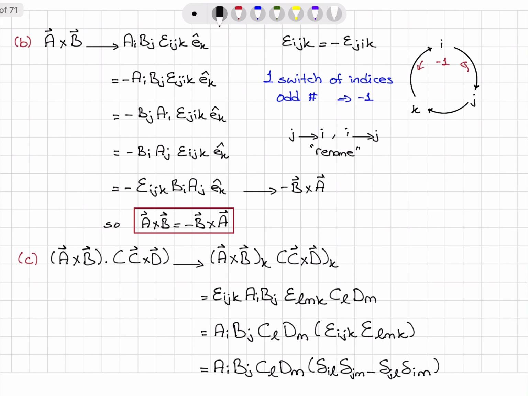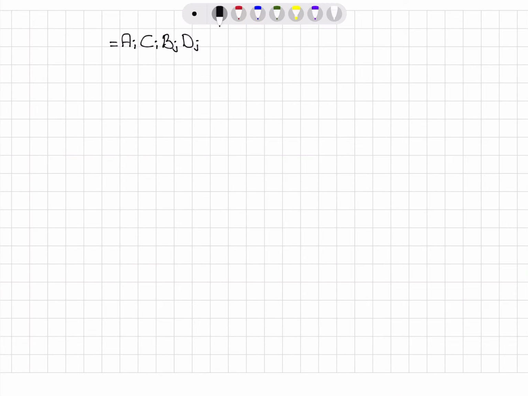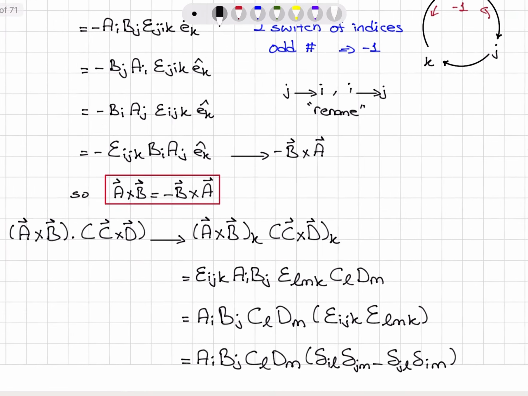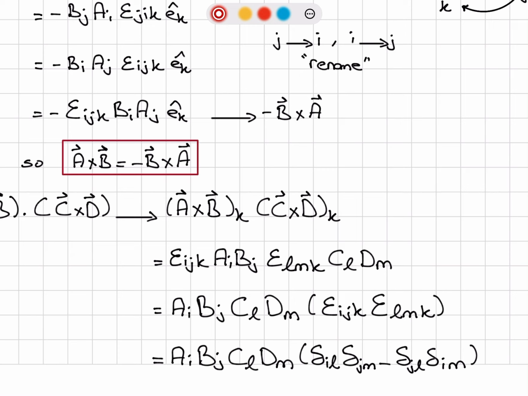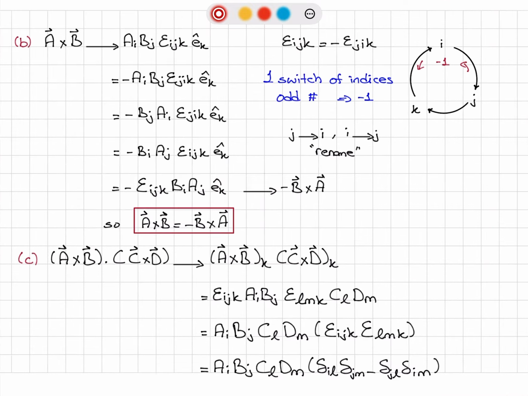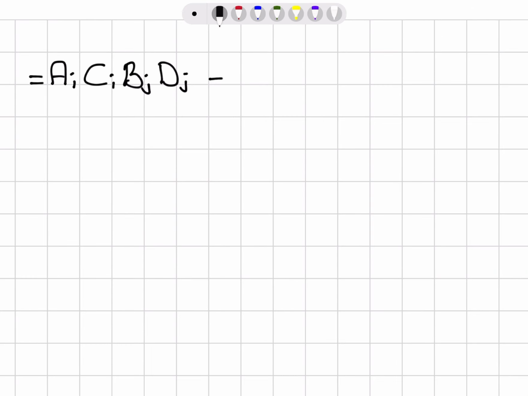So that's the first term here. Minus, then I have to put a minus sign. Then I have the second term, which says m's will be replaced by i, so this will be A_i D_i, and l's will be replaced by j, B_j C_j. So minus A_i D_i B_j C_j. Okay. So what does that correspond to?